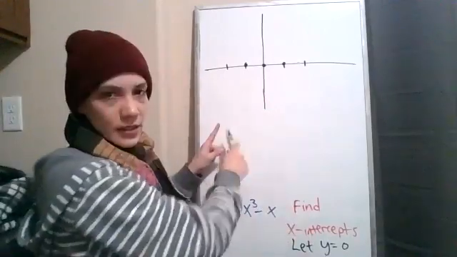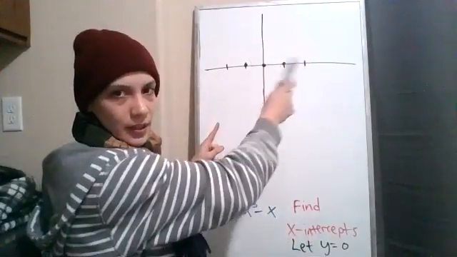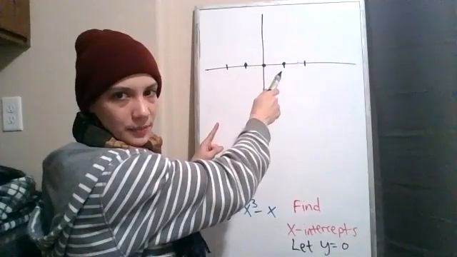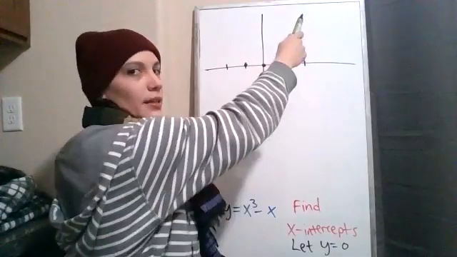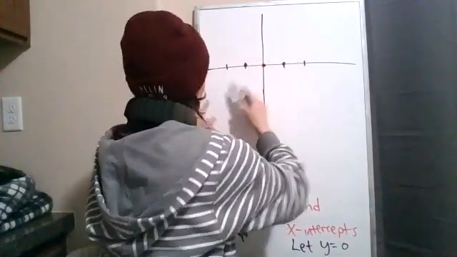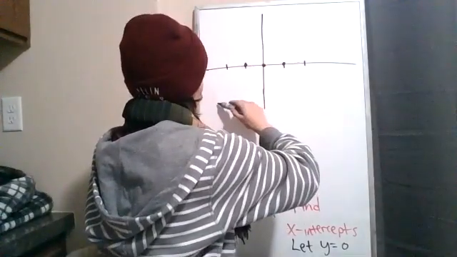It's positive and it's odd, so it's going to go up and over. We have to go through these intercepts. So we're going to come up and then through and then up again.